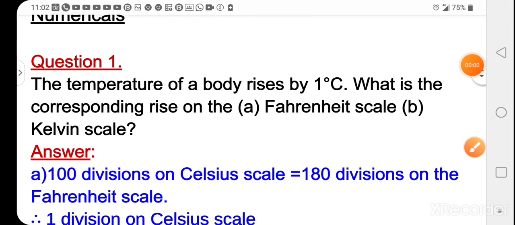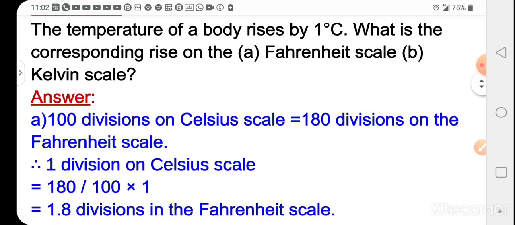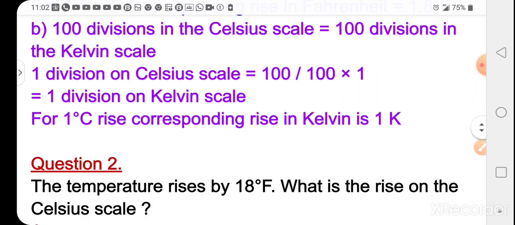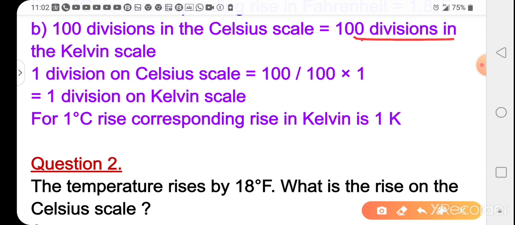So from the same question we have to find out the corresponding temperature on the Kelvin scale also. For that, the same relation we can write. We know that the Celsius scale has 100 divisions and the Kelvin scale also has 100 divisions. So 100 divisions on the Celsius scale is equal to 100 divisions on the Kelvin scale.